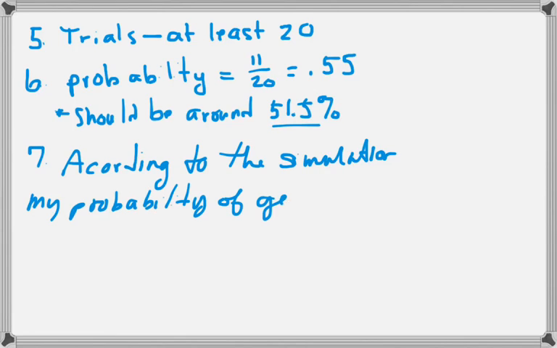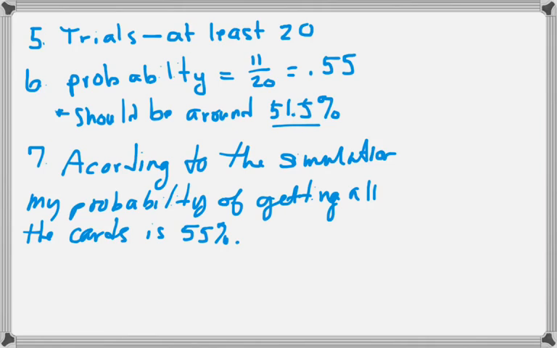Last step would be to summarize your results in a plain English version, not the statistical jargon. You could say, according to this simulation, my probability of getting all the cards out of 5 boxes is 55%.